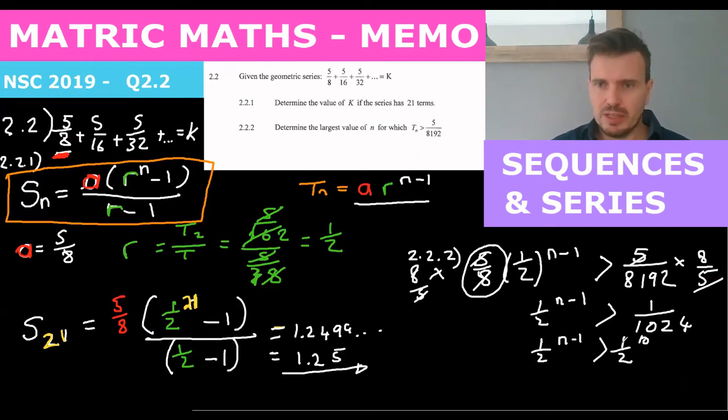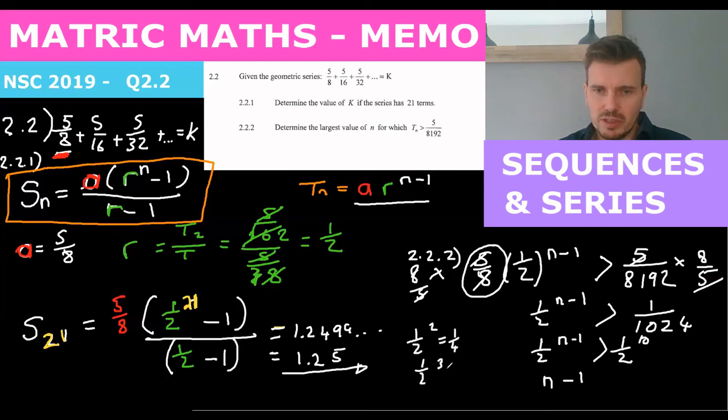So n minus 1 and 10 is the critical value. But let's just look at this: a half to the n minus 1. What happens when you do a half to the 2? You get a quarter. A half to the 3, you get an eighth.